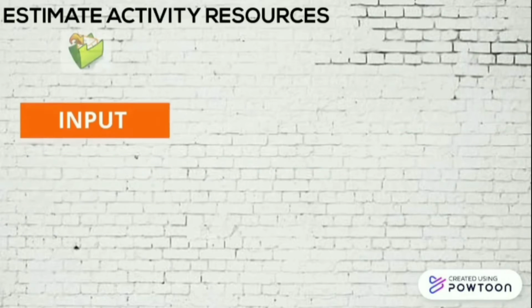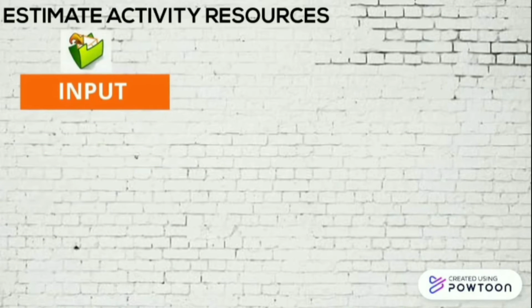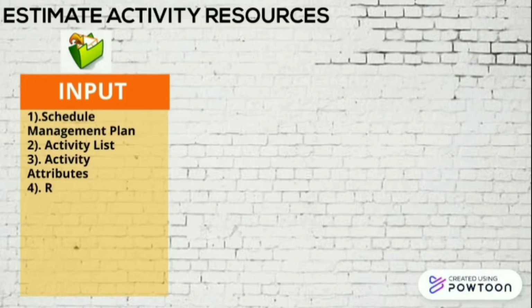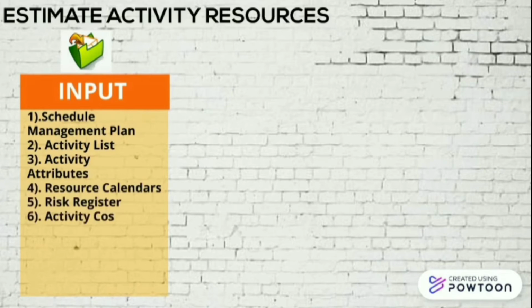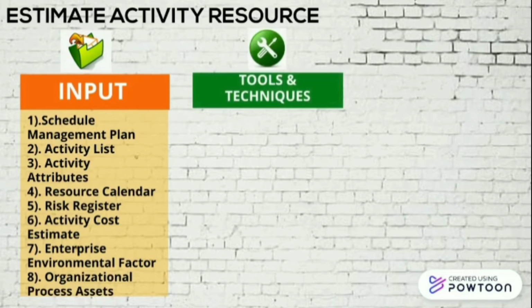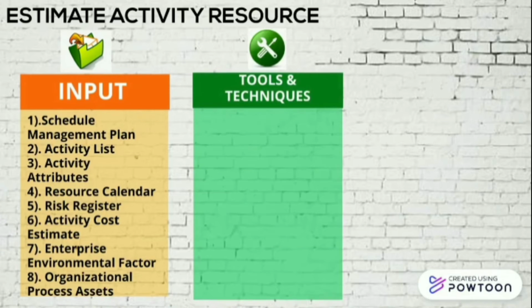So, there are 8 inputs that are used in the process of estimating activity resources. These are the schedule management plan, activity lists, activity attributes, resource calendars, risk register, activity cost estimates, enterprise environmental factors, and organizational process assets. And we have 5 tools and techniques that can be used to estimate the required activity resources.